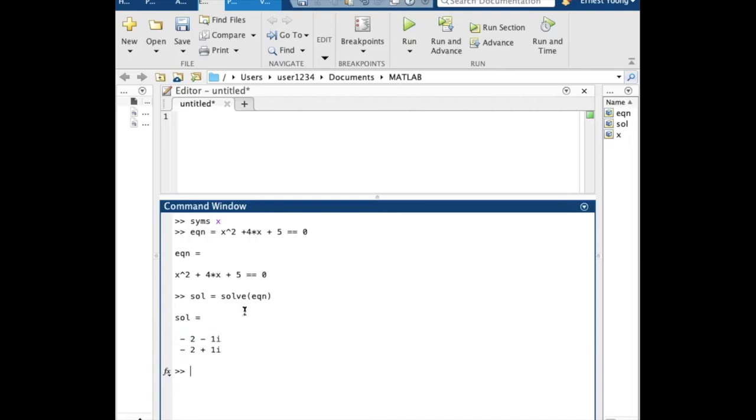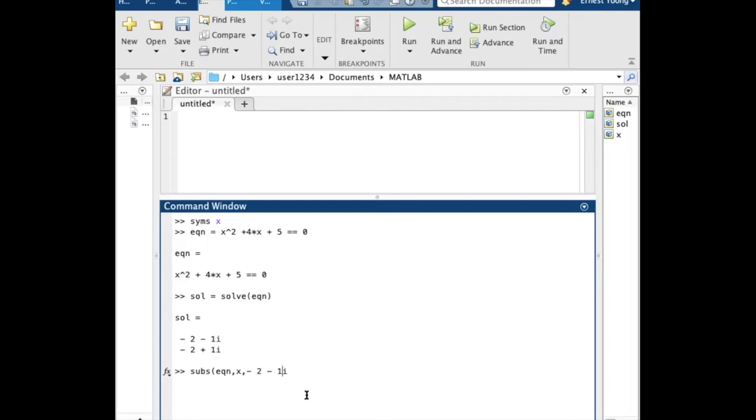Next, if we want to substitute some value to verify whether this is correct or not, we can substitute this value back. So I use subs with the equation, the variable is x, and what I need to substitute is this value, but I'm going to put 1i.